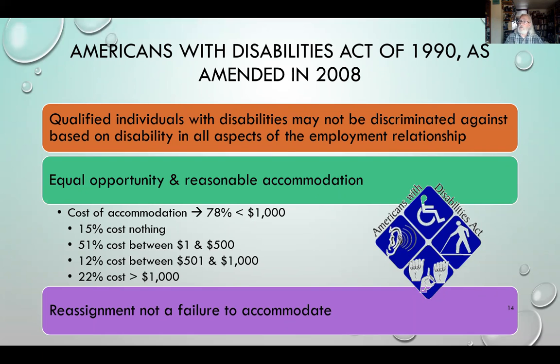And again, that includes everything that you do: advertising for the job, interviewing people, testing them, whatever it might be, compensating them, giving benefits, promotions, all of those things. Your disability shouldn't allow you to be treated any differently than anyone else. And so again, it is very much about reasonable accommodation.